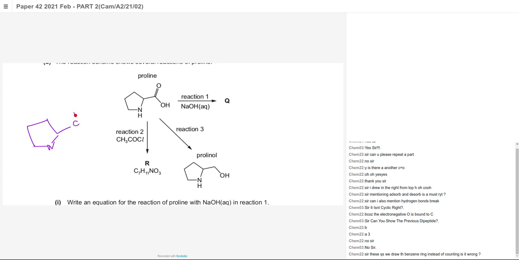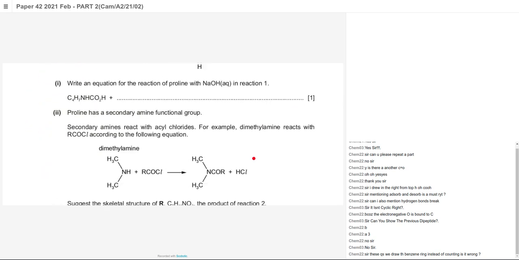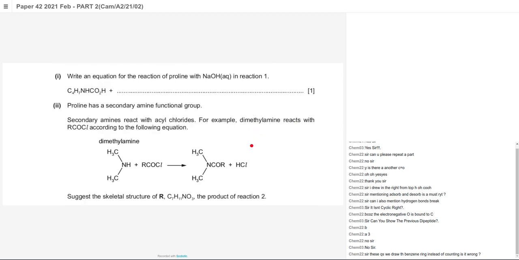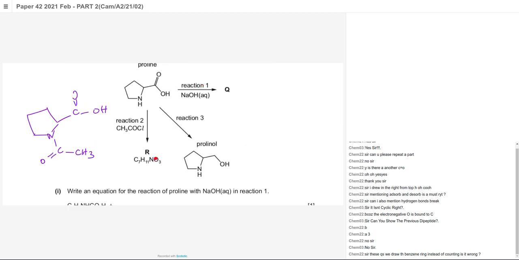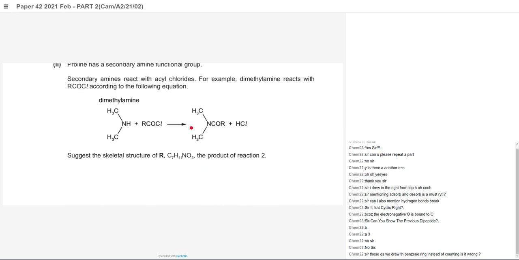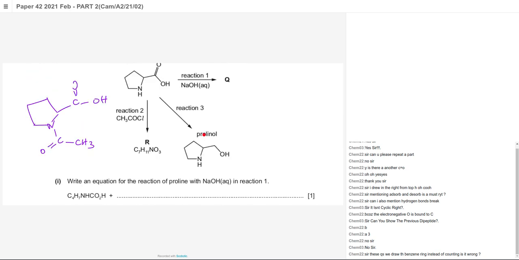Because the carboxylic acid reacts with alcohol, not acid chloride. So this will react with the amine to form the amide. Right, this is the molecule. Amide link is formed. This is the answer. Clear?